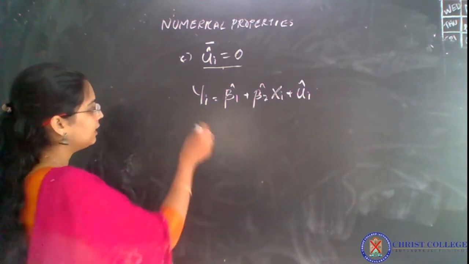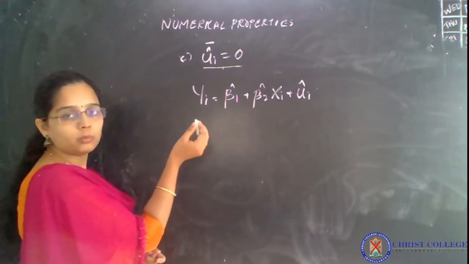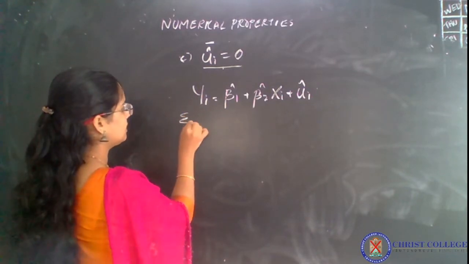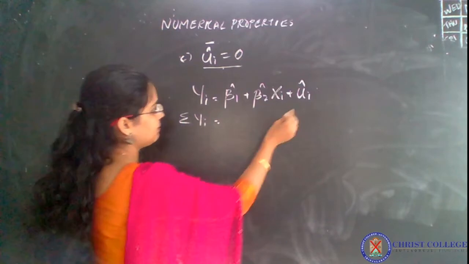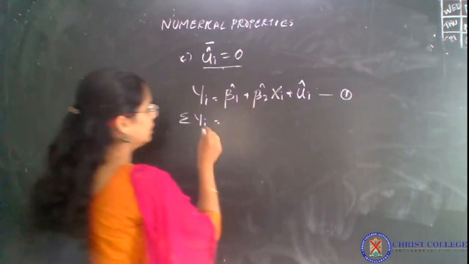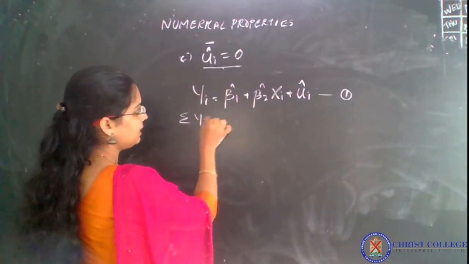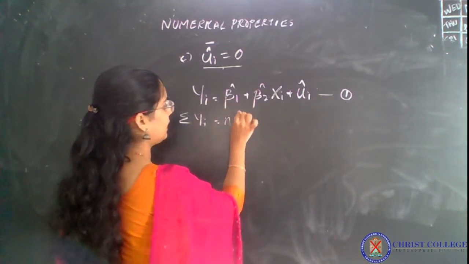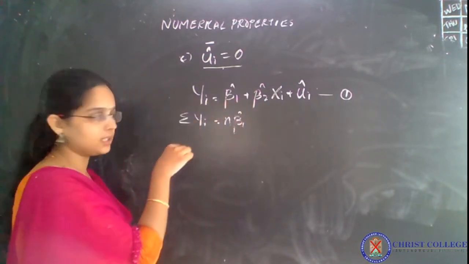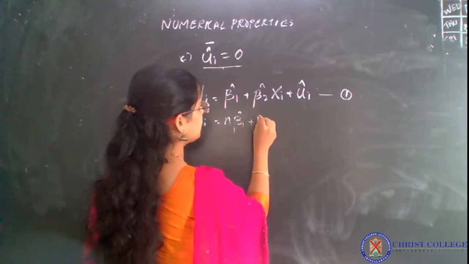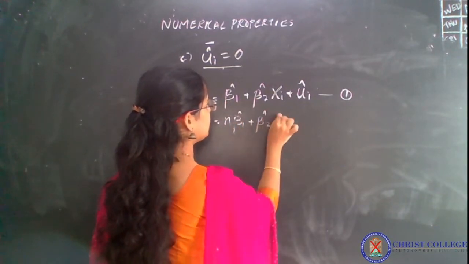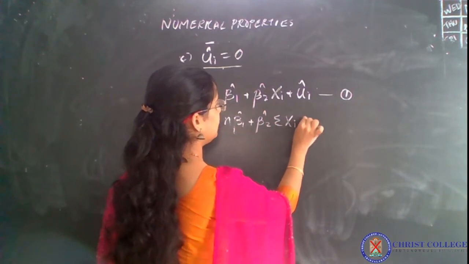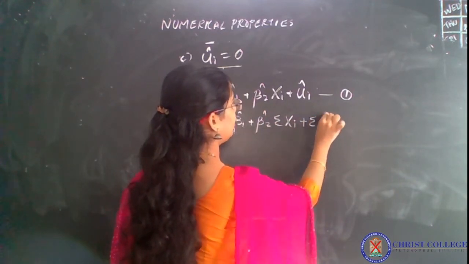For that, we have to take sigma on both sides. Let this be the first equation. Taking sigma yi, sigma beta 1 hat can be written as n beta 1 hat, since beta 1 hat is a constant term, plus beta 2 hat sigma xi plus sigma ui hat.